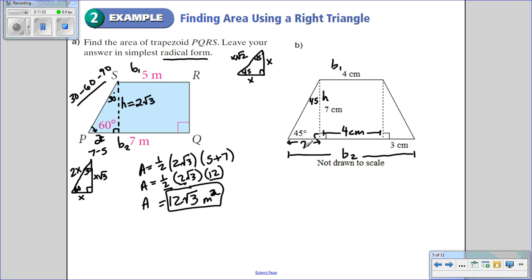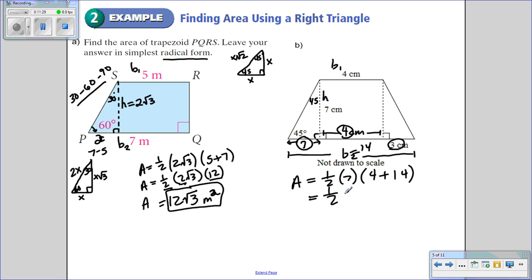So now that I have that little length, if I add 7 and 4 and 3, I'll have base 2. 7 and 3 is 10, plus 4 would be 14. So now I have all the information I need. It'd be 1/2 the height, 7, times base 1 plus base 2. Let me calculate all this.